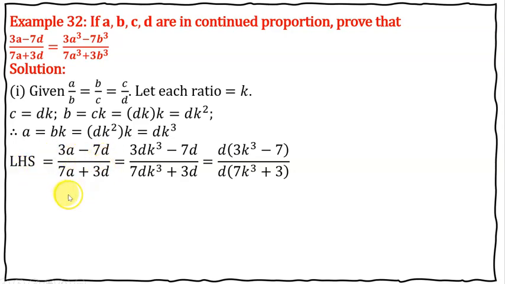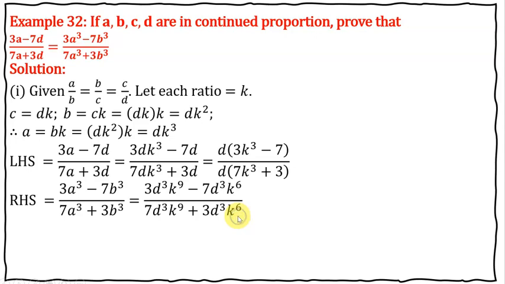3a minus 7d upon 7a plus 3d. If we substitute the value of a, that is dk³, that is 3dk³ minus 7d upon, value of a, 7dk³ plus 3d. If we take d as common, then in bracket you will have d(3k³-7) upon d. Again take the d as common, (7k³+3). Okay, d will get cancelled.